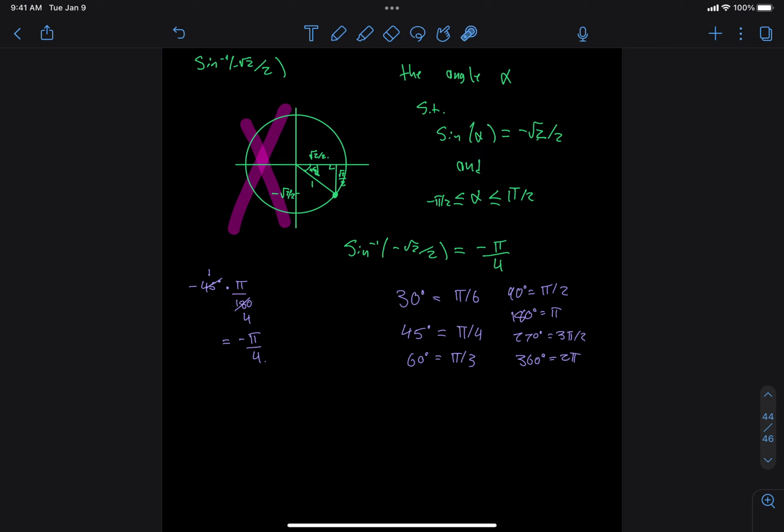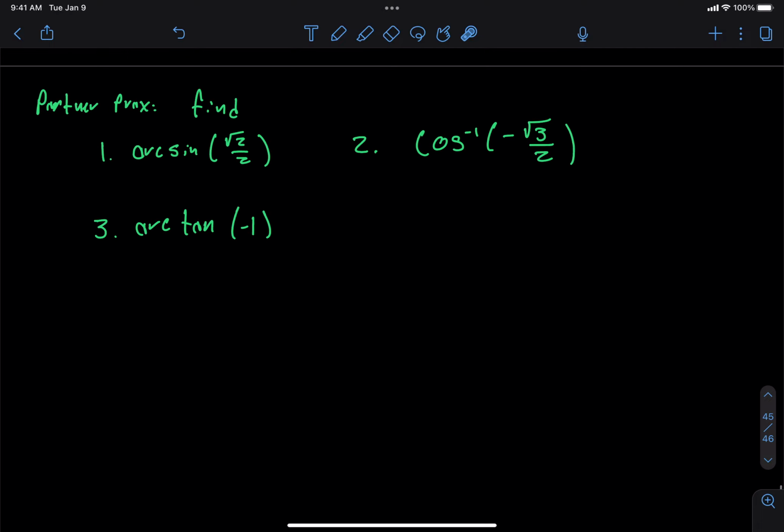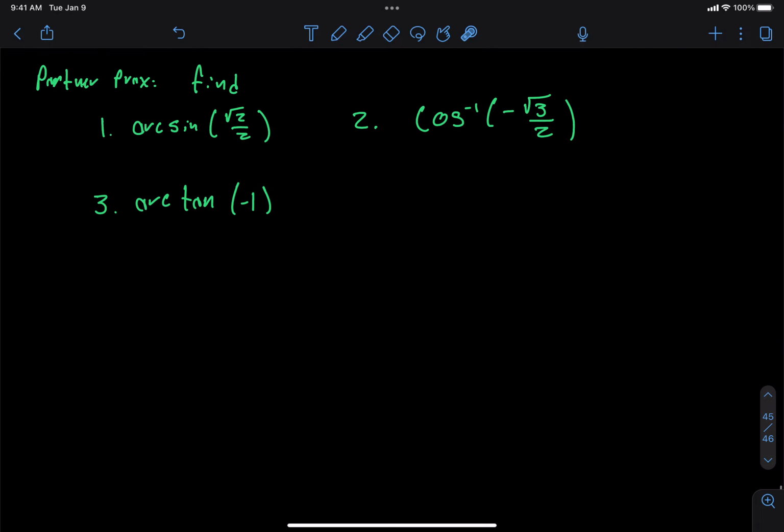Okay, then we're going to do some partner practice now. So our goal here is to just, oh, I shouldn't do square root 2 over 2. Why don't I do 1/2? Yeah, this looks good.